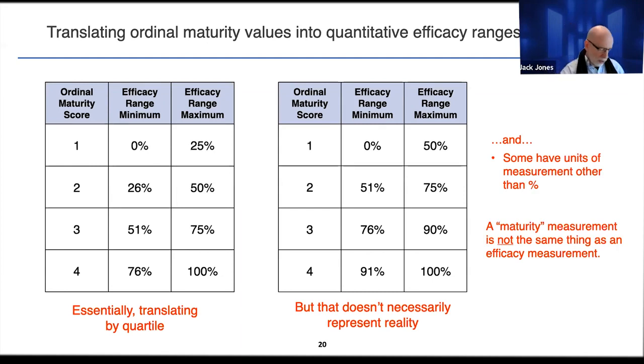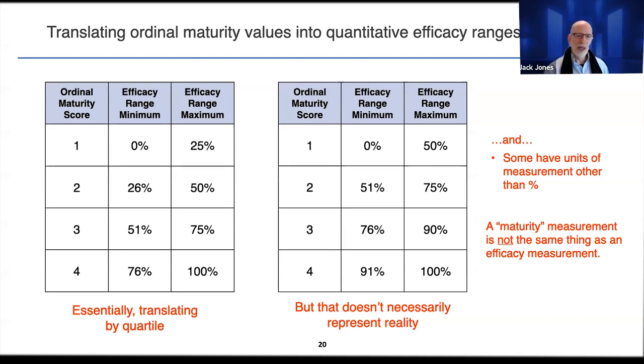And the other thing I would point out is that maturity is not really the same thing as efficacy. Are they related? Yeah, absolutely they are. But I think when I think of this kinds of scoring I see on maturity models, that's different.